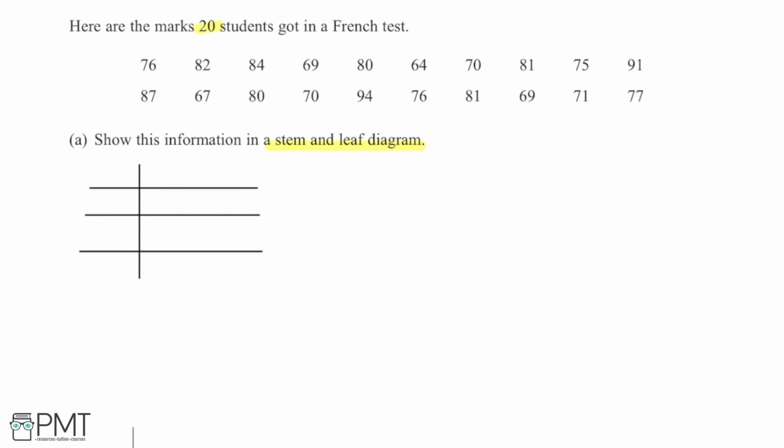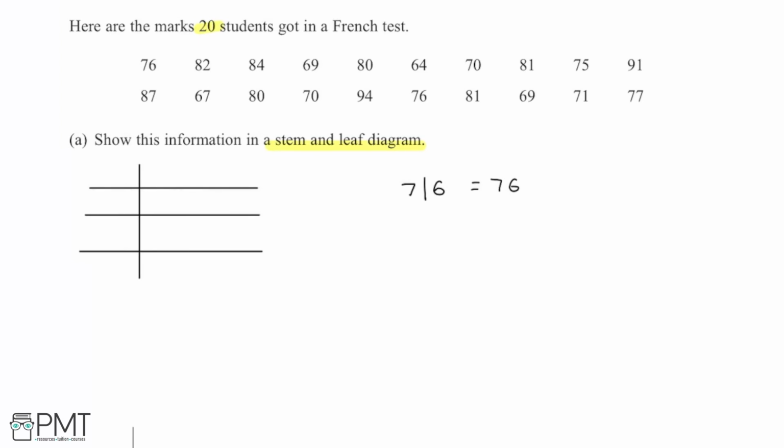How this works is we take a number, for example 76: the 7 is in the tens column, so there'll be a 7 in this column, and then in the corresponding row we write the 6, which is the leaf. I can write out a key for this: 7, 6 equals 76.